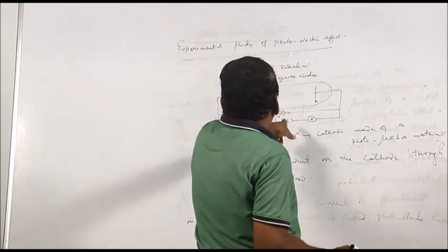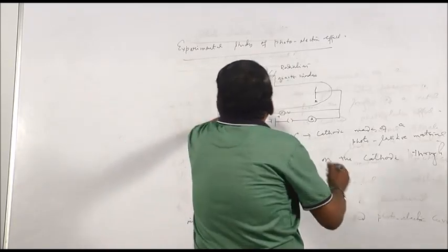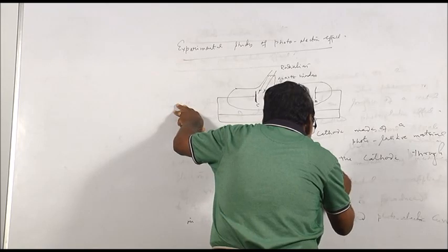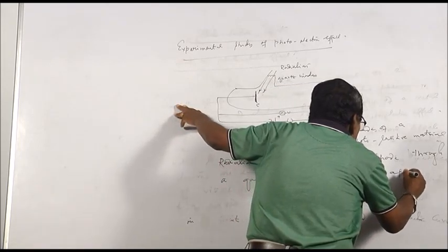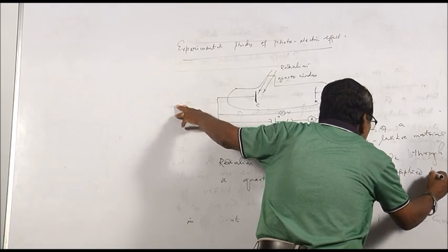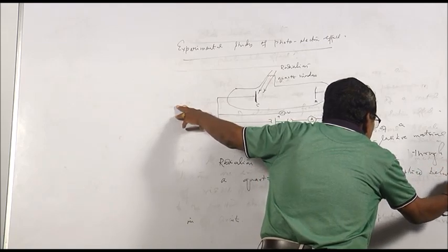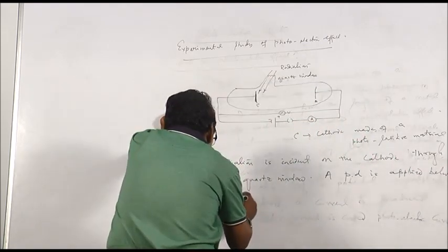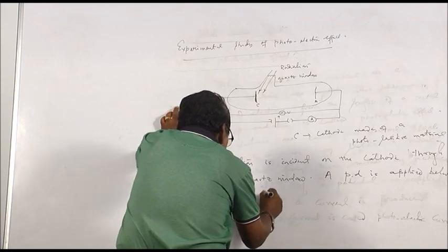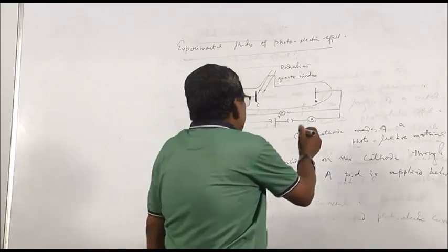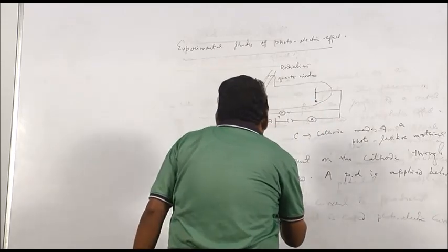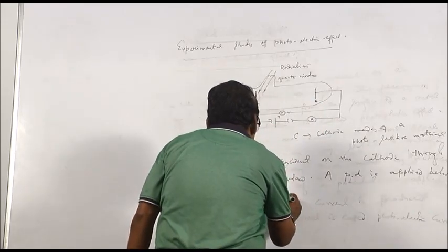A potential difference is applied between C and A, cathode and anode.